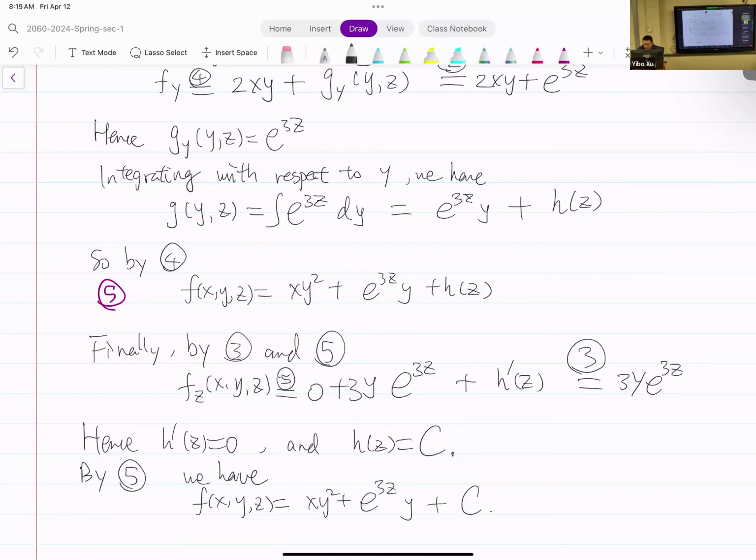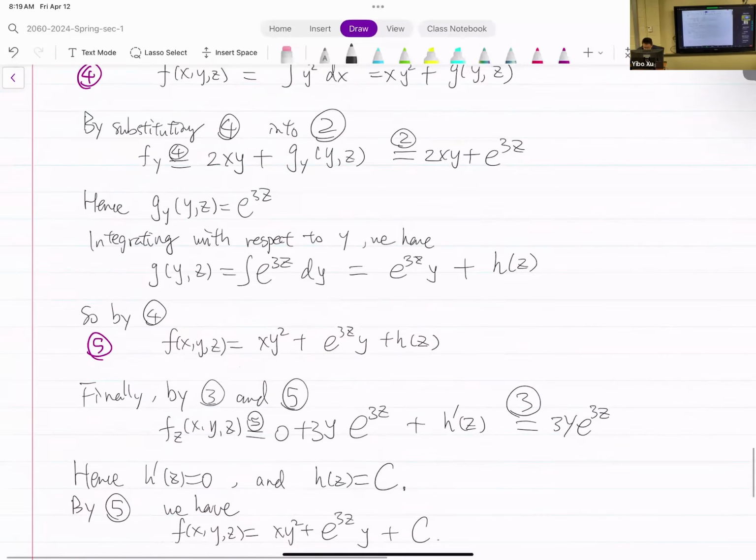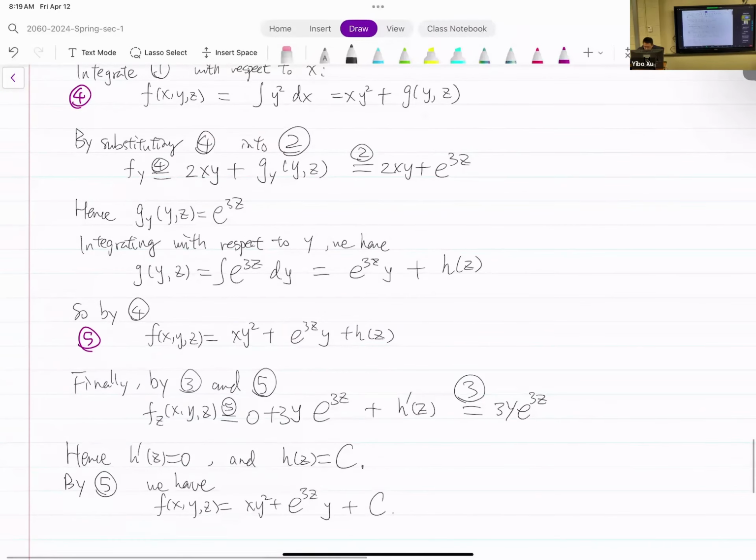So this is a really systematic process. We want to look for a 3-variable function, a multivariable function. Then we establish one equation out of equation 1 from above, that's equation 4 right there. So now it reduces to a problem of finding a bivariate function g.